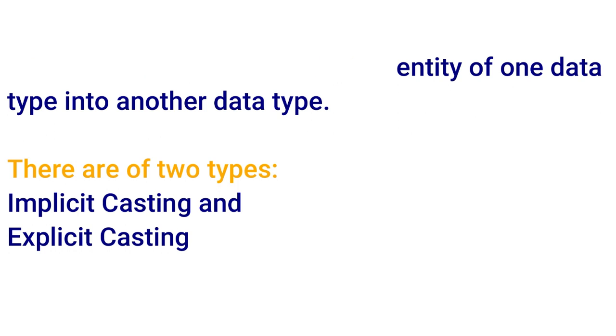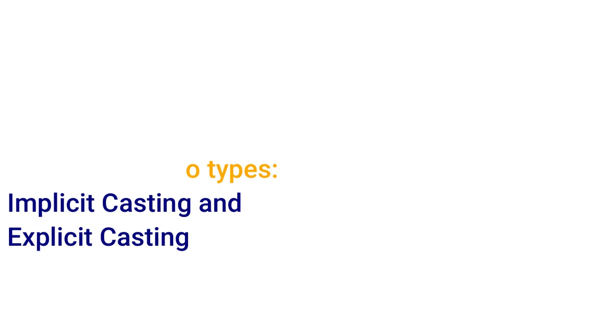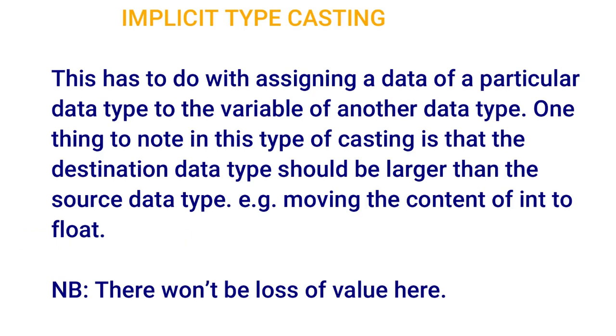So what is implicit casting in Java? An implicit casting, as we can see on the screen, has to do with assigning data of a particular data type to a variable of another data type. One thing to note in this type of casting is that the destination data type should be larger than the source data type.